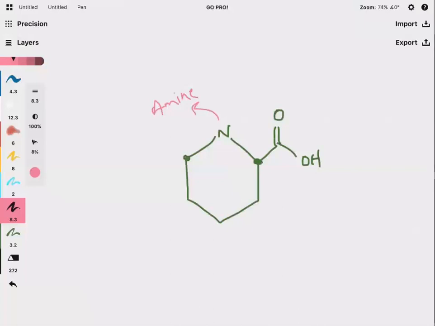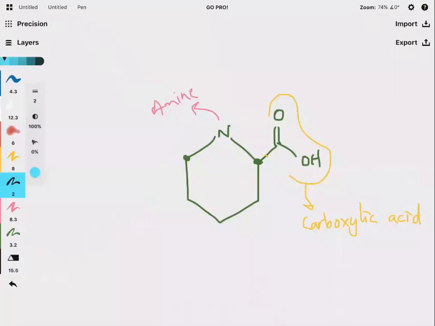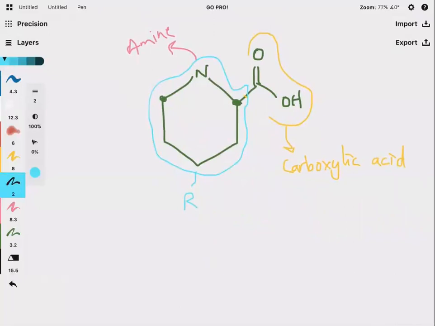But that this part over here was a carboxylic acid, because everything I'm highlighting in blue is just an R group with respect to the carboxylic acid.